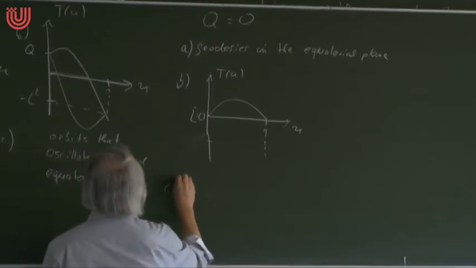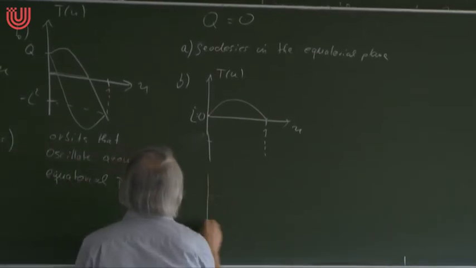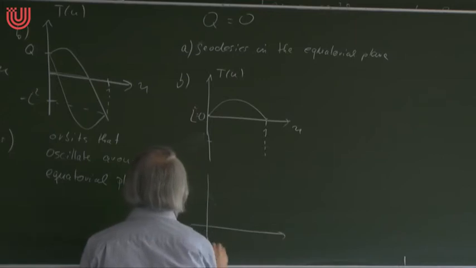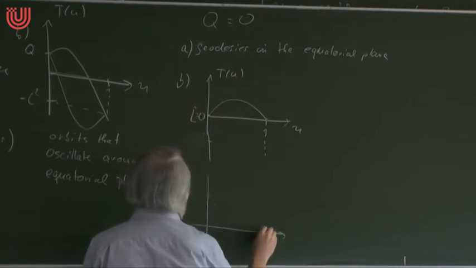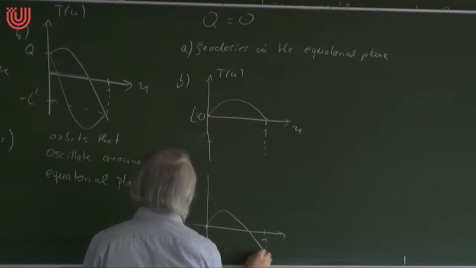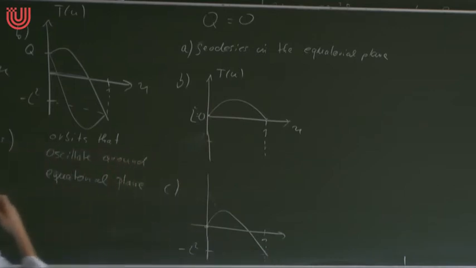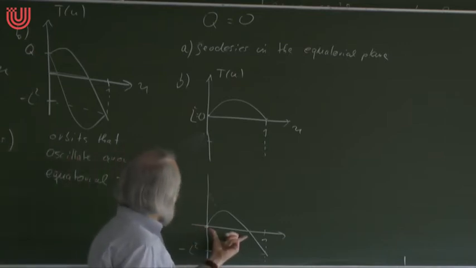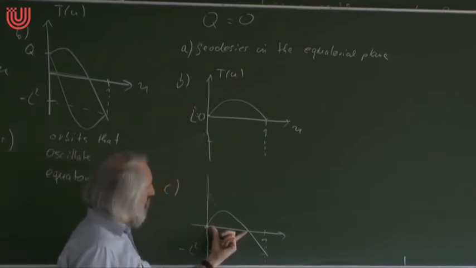And another possibility would be that I have L squared different from 0, and it must be here. And the only case in which we can realize this is this here. So then we would have only a certain theta coordinate available.